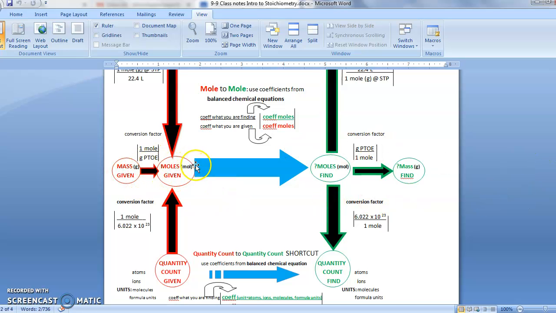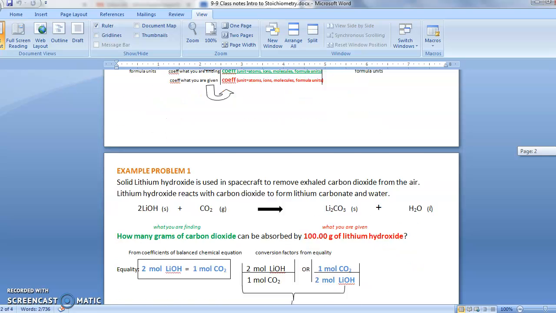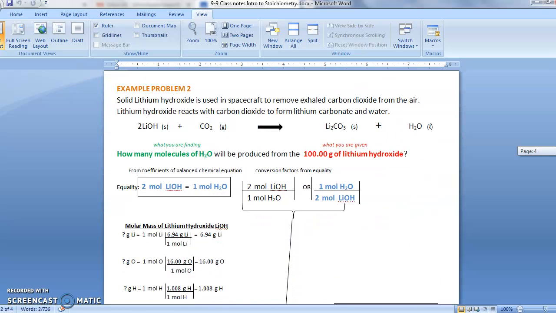That's our first step. Our second step, we're going to use the mole-to-mole coefficients from the balanced chemical equation. The moles of what we're trying to find will be on top. The moles of what we're given will be on the bottom. So I've got to take a look at our chemical equation right here. It's 2 moles of lithium hydroxide for every 1 mole of water.